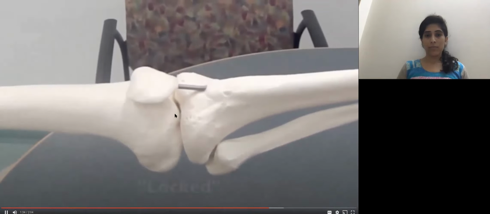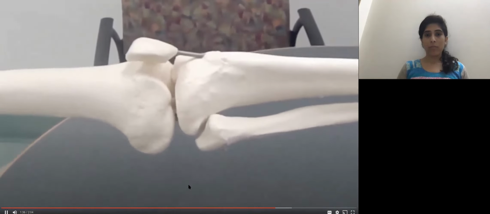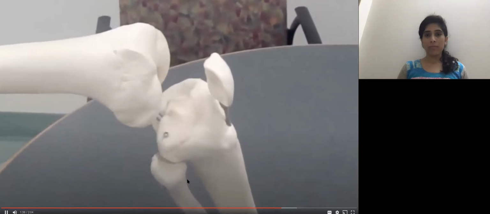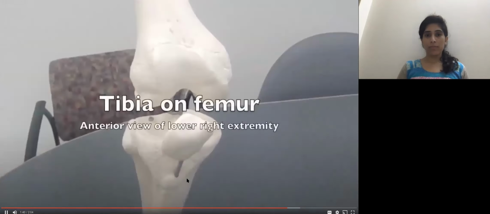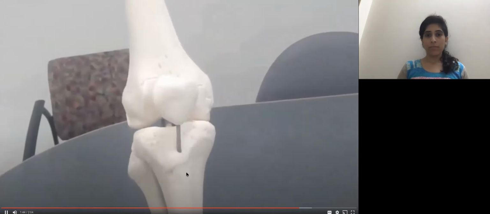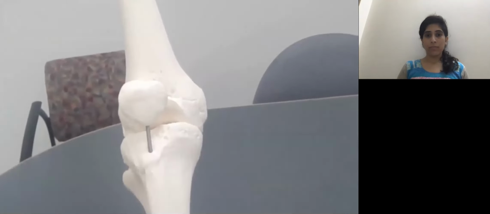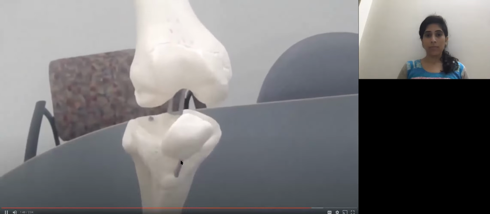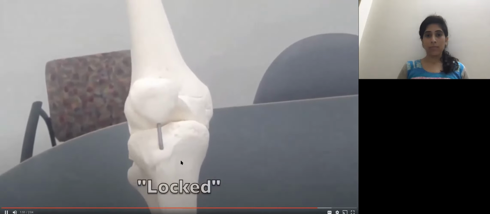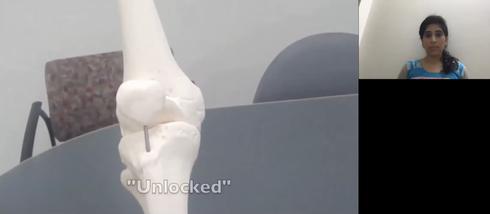Locked. Unlocked. Tibia on femur, anterior view. Locked. Unlocked.